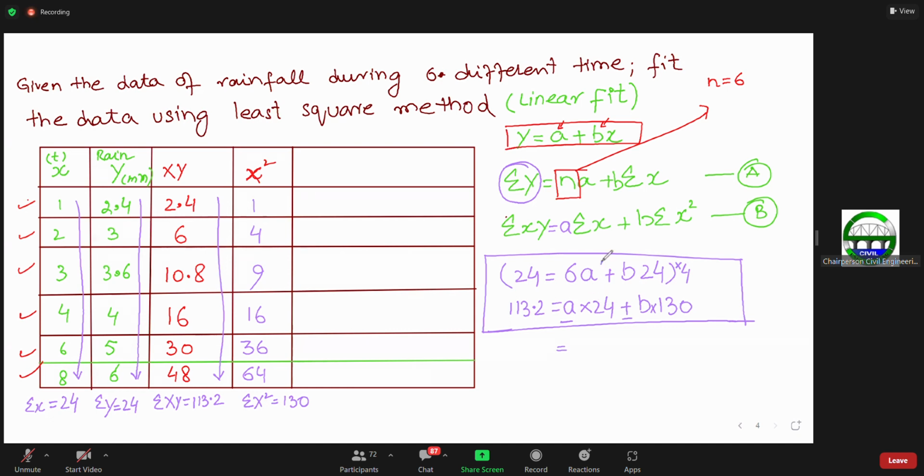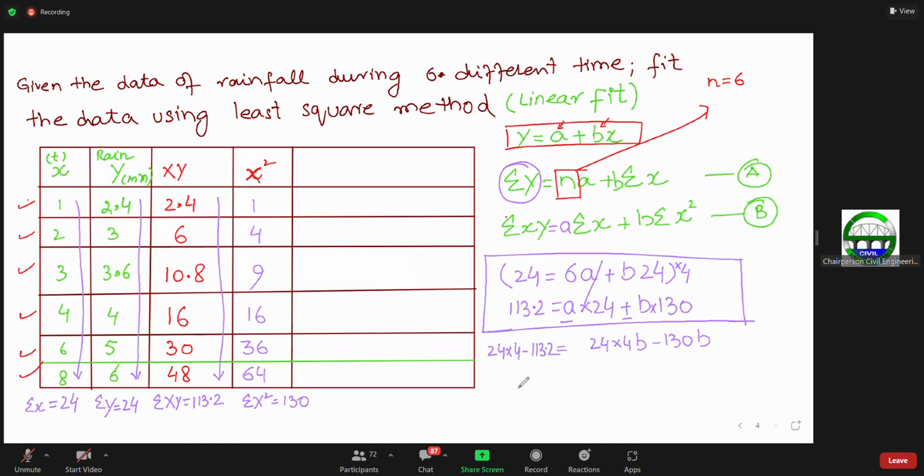It will be cancelled out, and the remaining will be 24 into 4b minus 130p is equals to 24 into 4 minus 113.2.